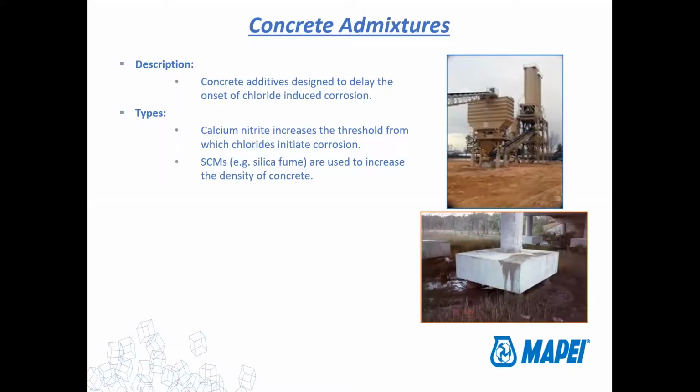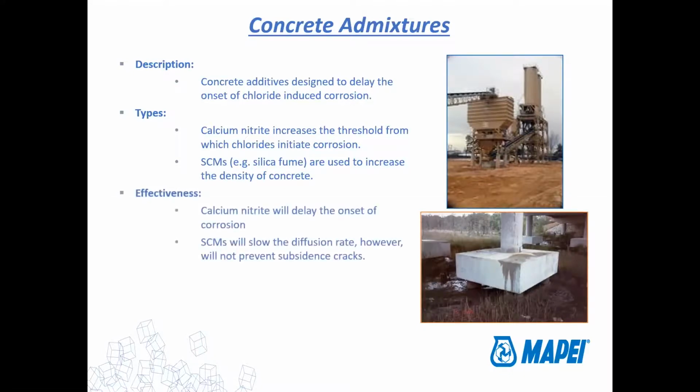By increasing the density, you get fewer chlorides able to penetrate through the pore structures of the concrete, so it slows things down from that avenue. But again, all these are delaying the onset of corrosion. These are not going to prevent corrosion. At some point, you're probably still going to exceed that corrosion threshold. It's just going to take longer to do so.